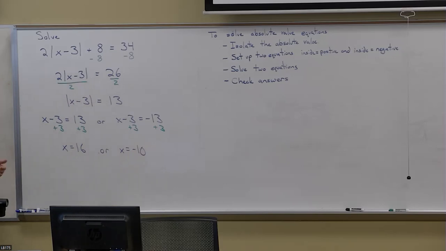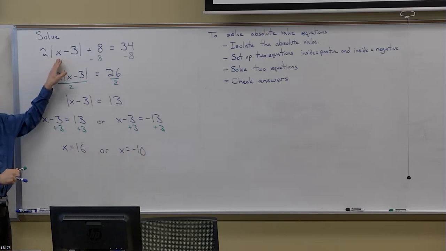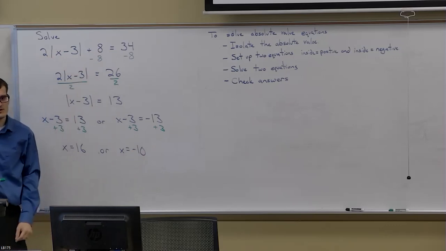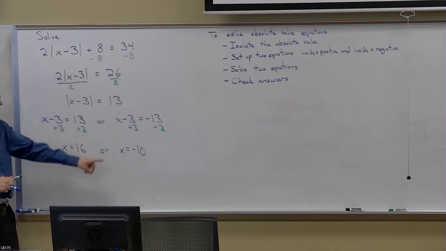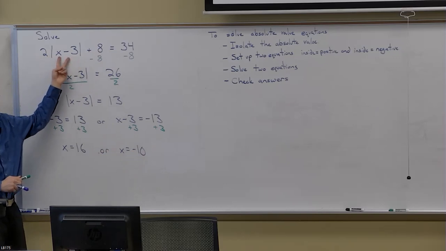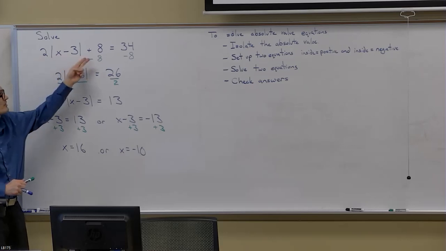And then you can check your answer by saying, well, what would happen if I plugged in 16? 16 minus 3 is 13. Absolute value of 13 is 13. 2 times 13 is 26, plus 8 is 34. We're good. Negative 10. Negative 10 minus 3 is a negative 13 inside the absolute value. When you take the absolute value, that gives you a positive 13, times 2 plus 8.